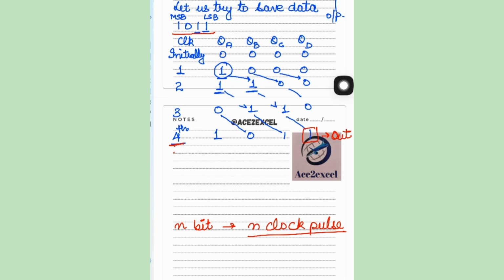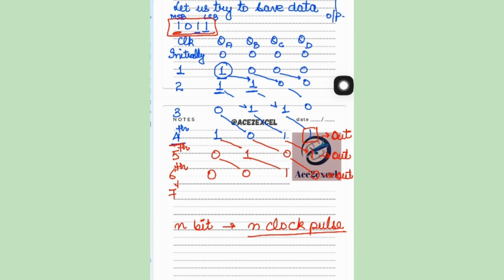Next is at the 5th clock pulse. Now after the complete data, the MSB, has entered, the next value is 0. So now this 1 shifts here, this 0 shifts here, and this one is now again out. At the 6th clock pulse, another 0 enters, this 0 shifts here, the next one shifts here, and this 0 data is again out.